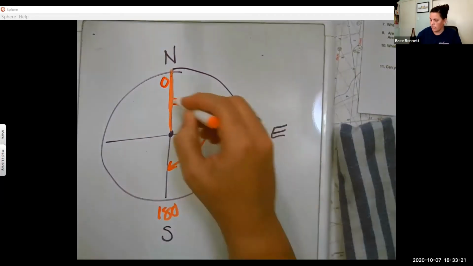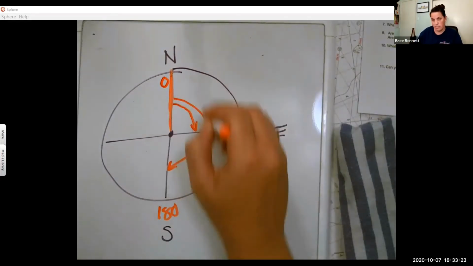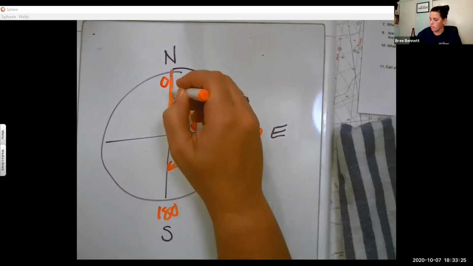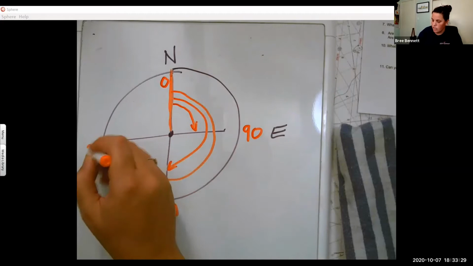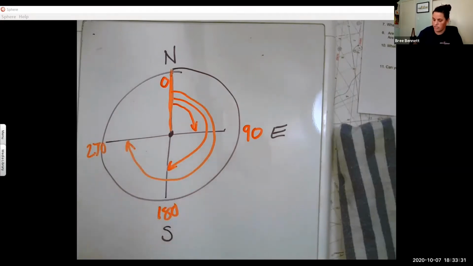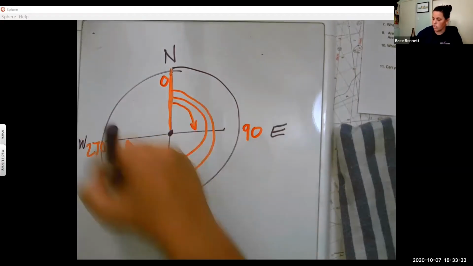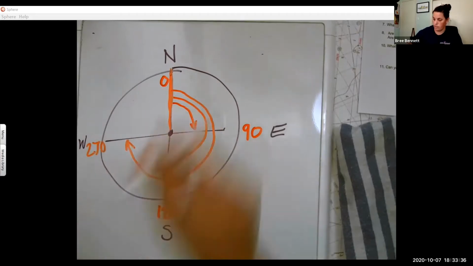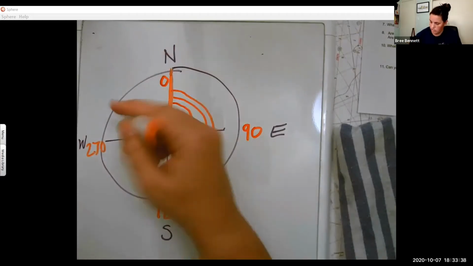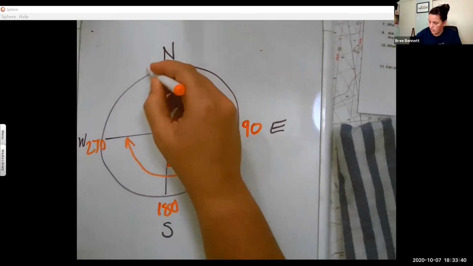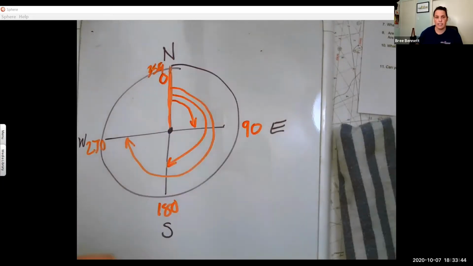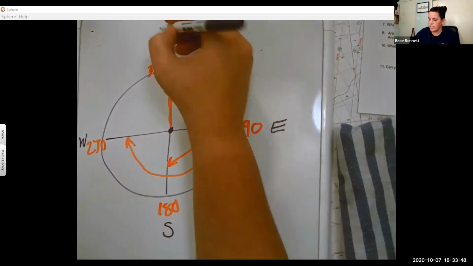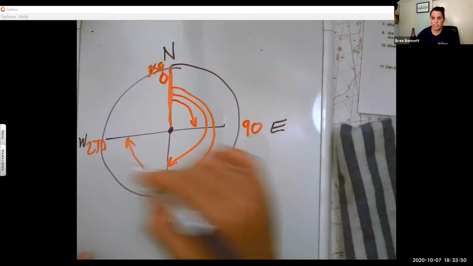Then to west it's 270 degrees. We all go clockwise from north, so this would be 359, and 360 is then again 0.